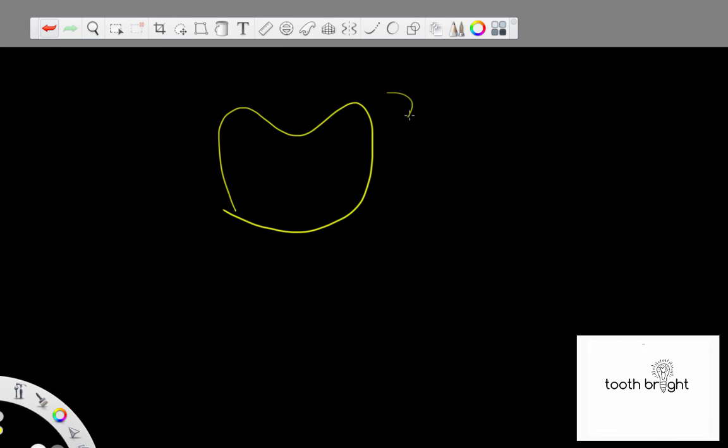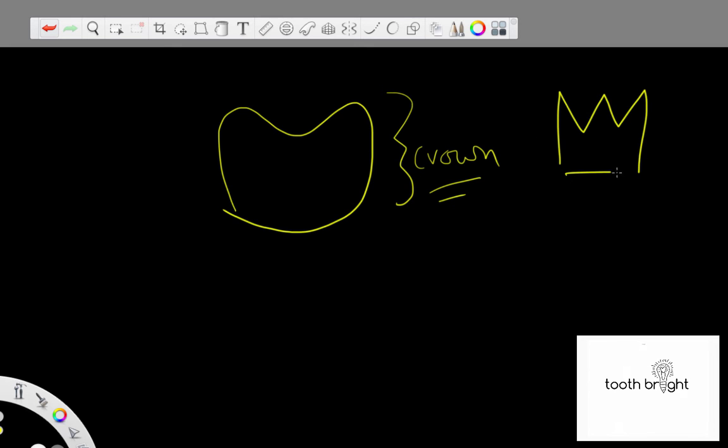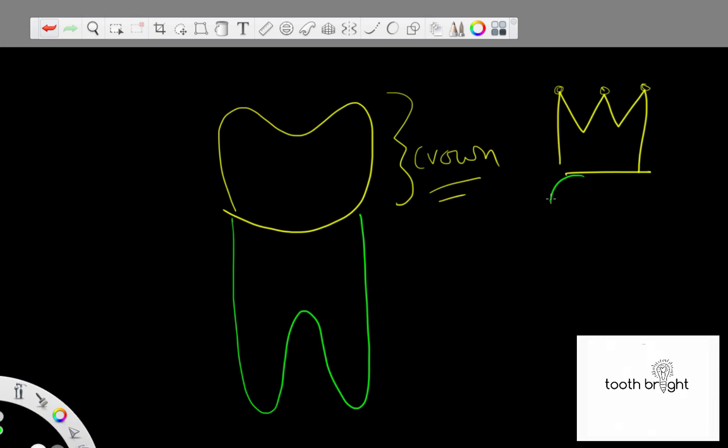An easy way to remember it is to think of a crown sitting on top of the head, just like the crown of the tooth sits on top of the root. And we'll give you a little smiley face there. So this is a crown.